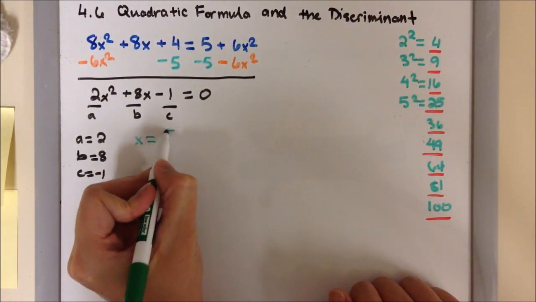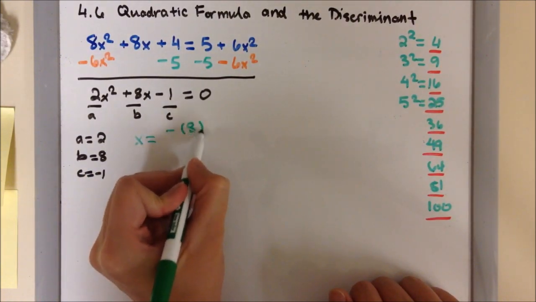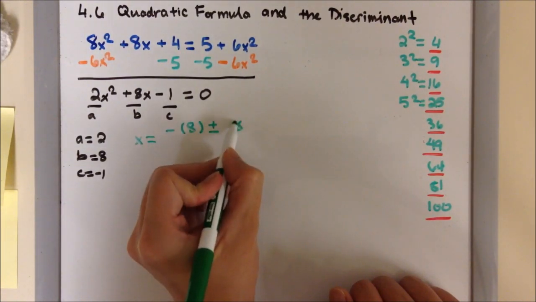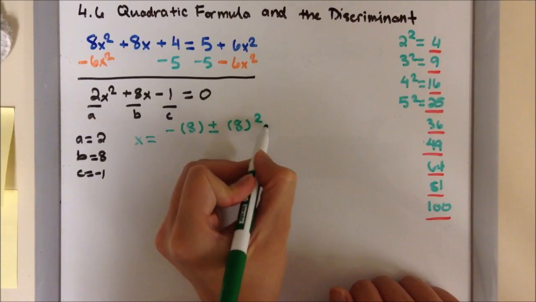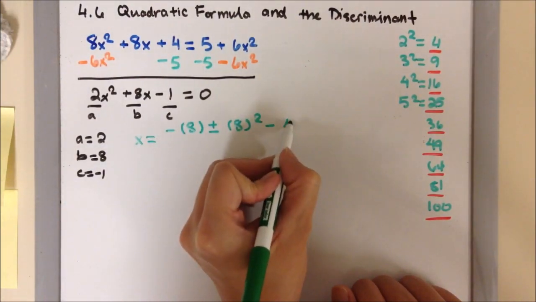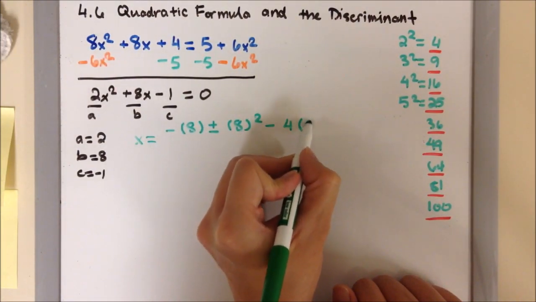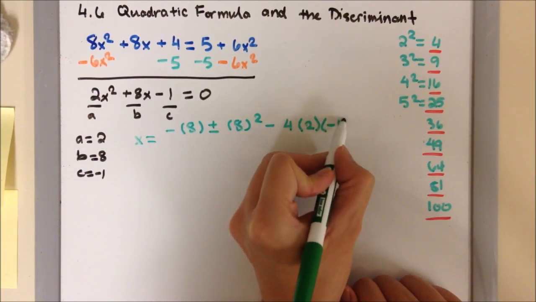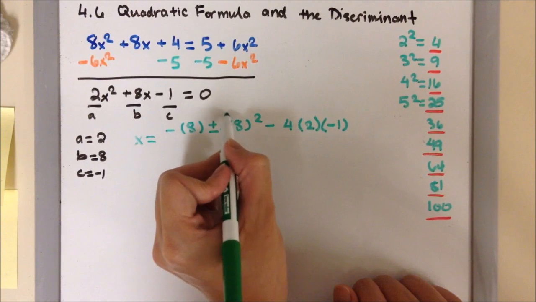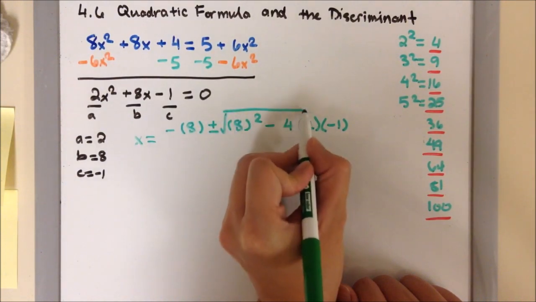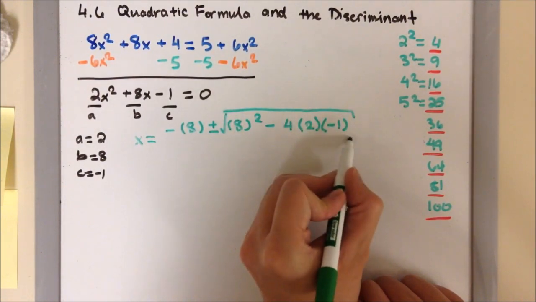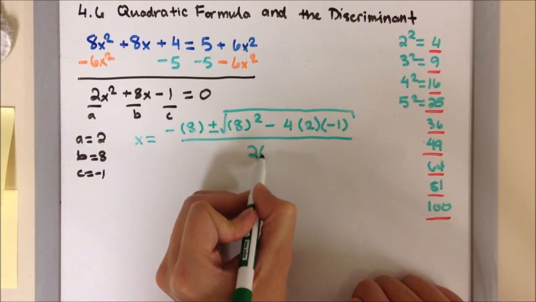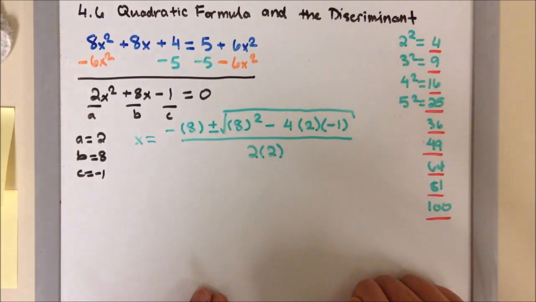So negative 8, because my B is 8, plus and minus 8 squared minus 4 times my A, which is 2, times my C, which is negative 1. This whole thing is inside the square root. Divided by, the whole thing divided by 2 times A, which is 2 times 2.